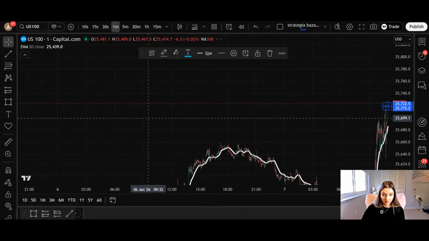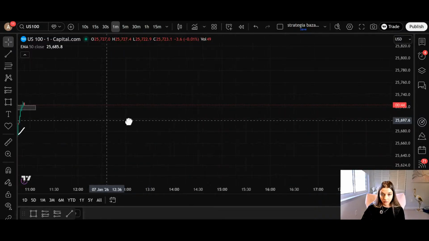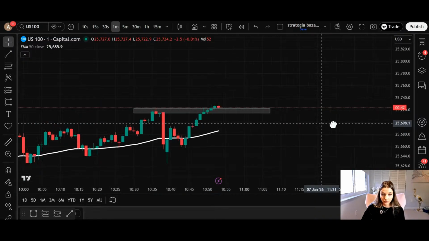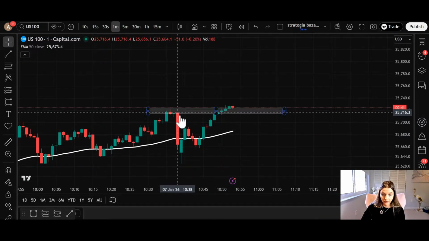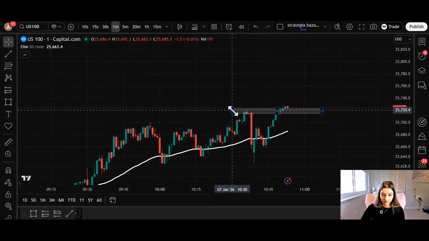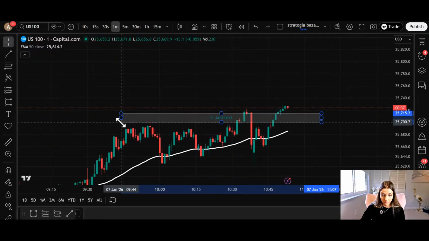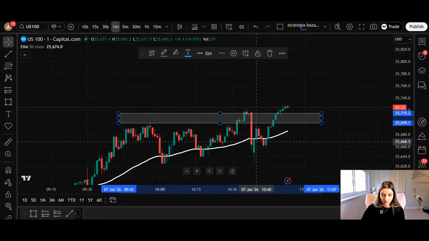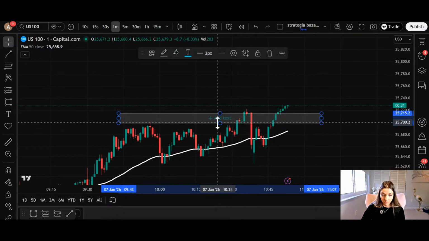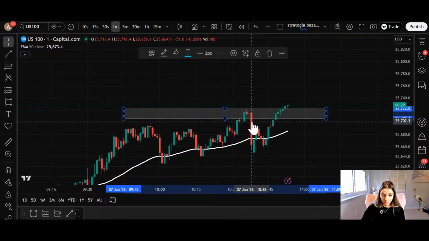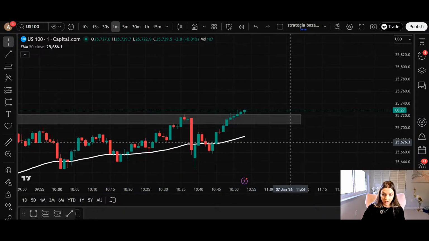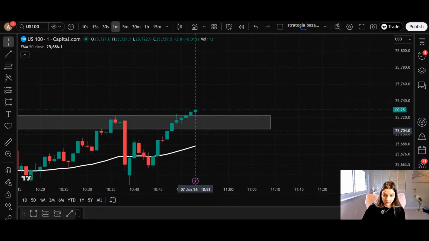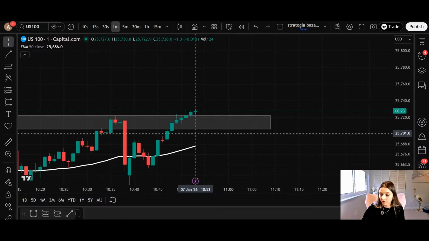So you can look for a long, wait for it to break this area, because you can see there were a lot of sellers around here. If it breaks and retests the area, which it might break right now and retest, you can go in a long.